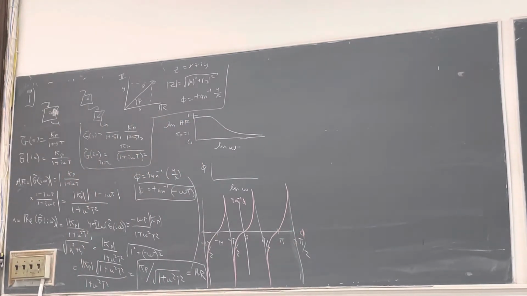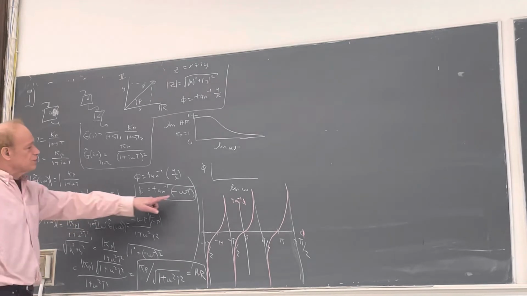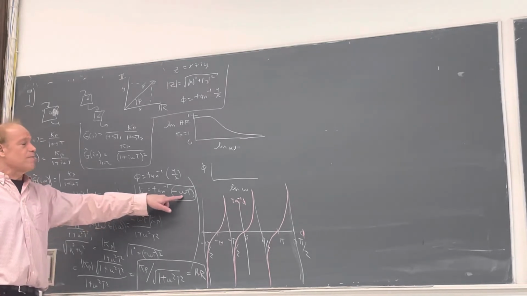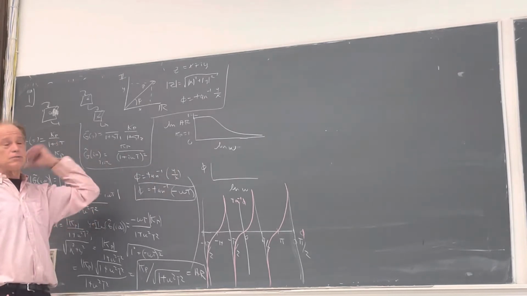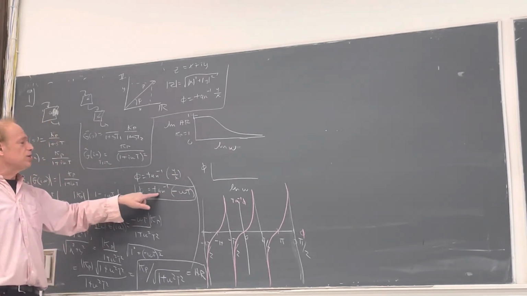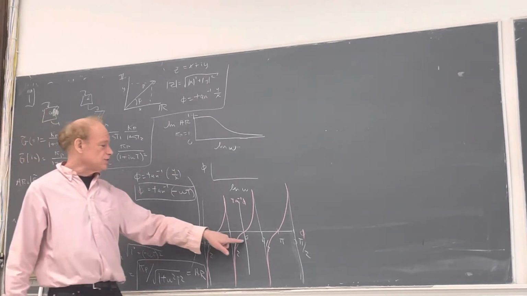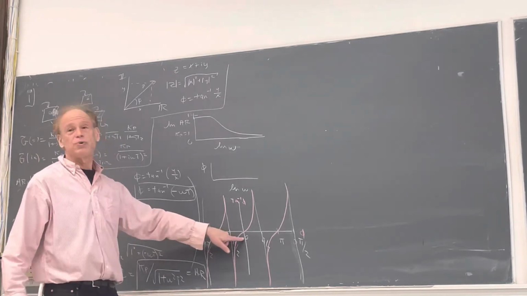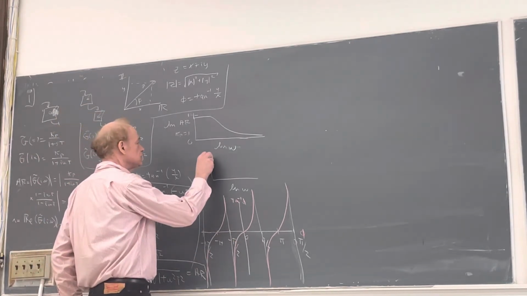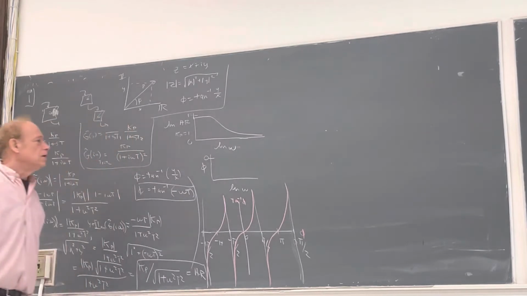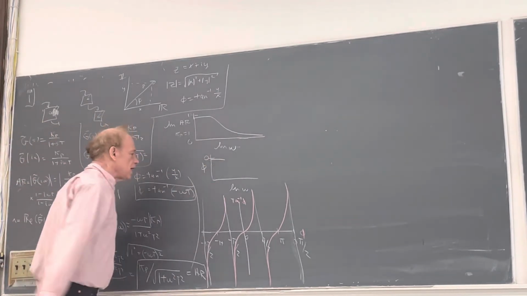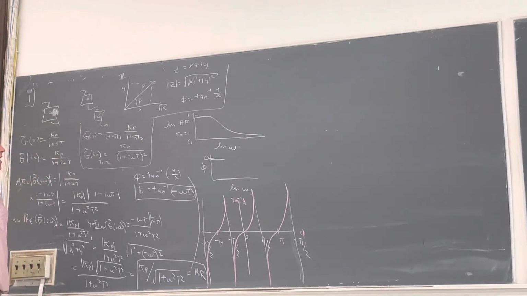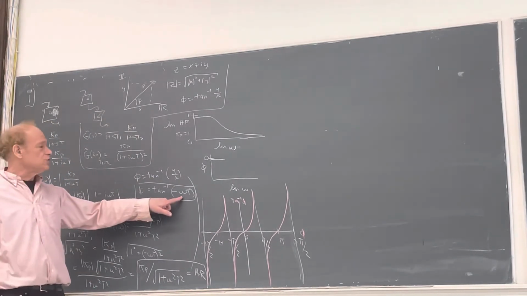All right, so let's now look at this expression right here. When omega is 0, that means all the way to the left. The arctangent of 0 is 0, at least we're going to choose this value. So let's say this is 0, and we know that it's eventually going to go there. How about when omega goes to infinity?